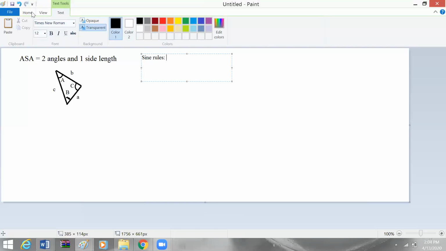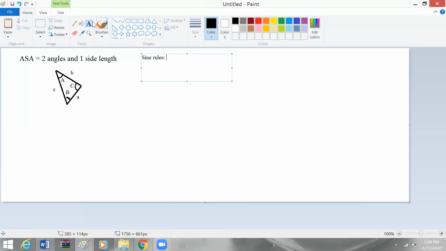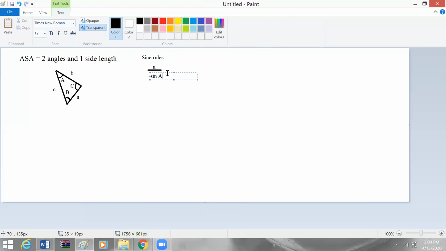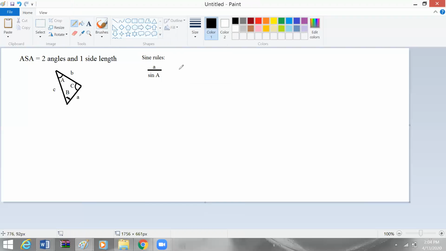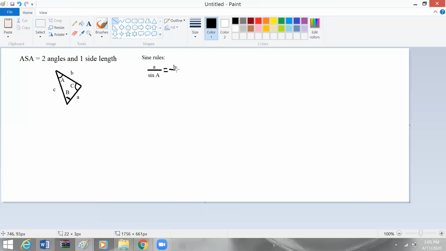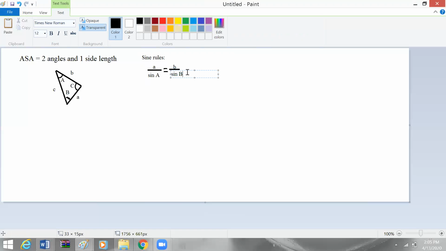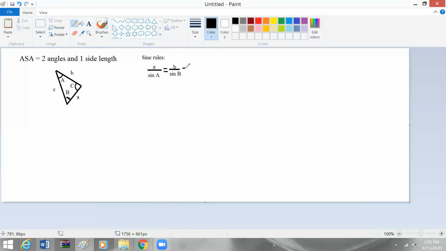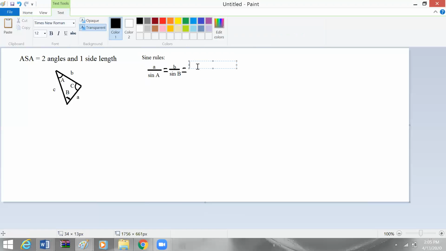Assuming that we want to solve for the side length, we have a over sin A, equal to b over sin B, and that is also equal to c over sin C.